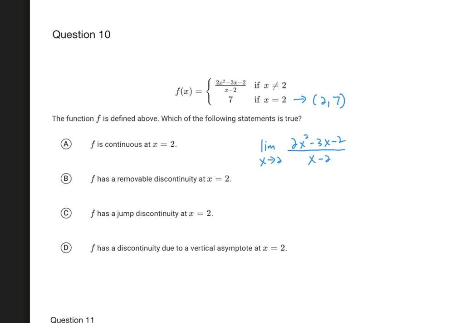First thing is to directly substitute. If you plug in 2, you get 8 minus 6 minus 2, that's 0, and the bottom is 0. Here's a little tip with these rational functions: if 2 makes a polynomial 0, then x minus 2 has to be a factor.